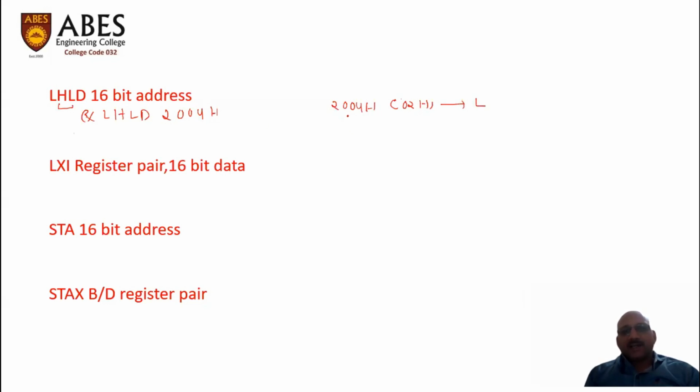After that, the address is incremented by 1, and if this location has a value, for example 04H, then this value moves to the H register. In this manner we are moving the 16-bit value 0402H to the HL register pair. Finally, the HL register pair has the values 04H and 02H.